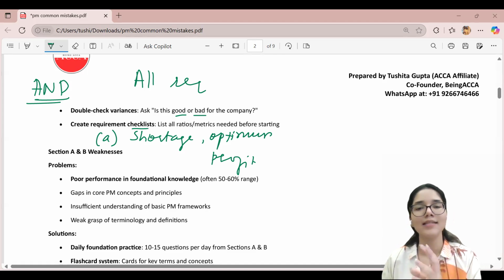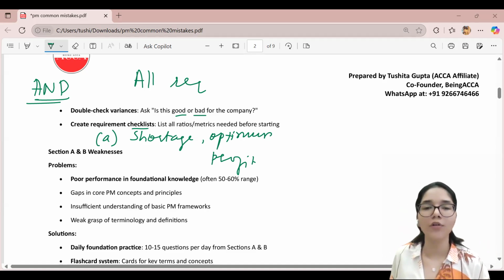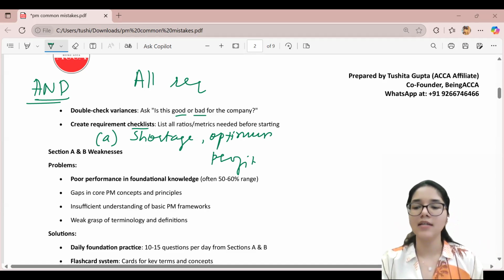Few students, instead of calculating all six, only calculated four or five ratios. So do create this checklist of the workings I have to do, and whenever you're done, you can just tick it off. This will not take very much time, but this will help you ensure that whatever workings were required, you have actually done all of them, and you do not lose out on marks because of the silly mistake of not figuring out that multiple things were asked from you.